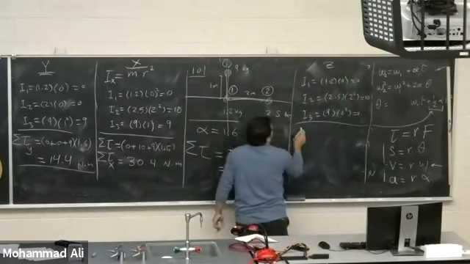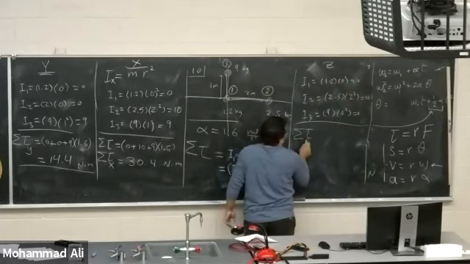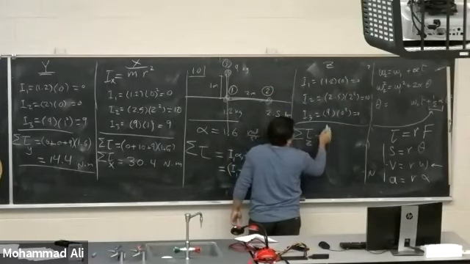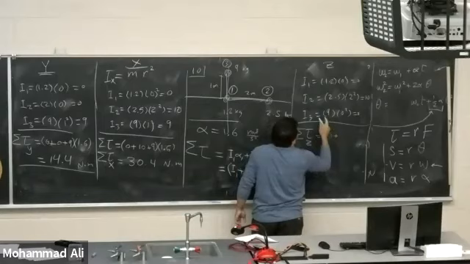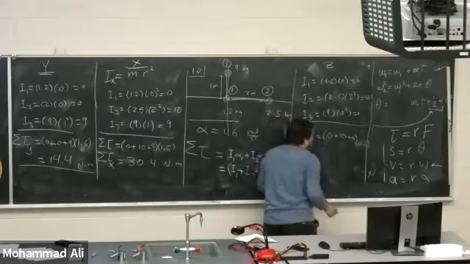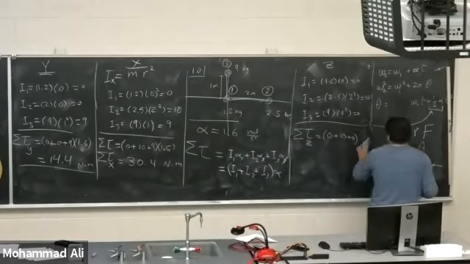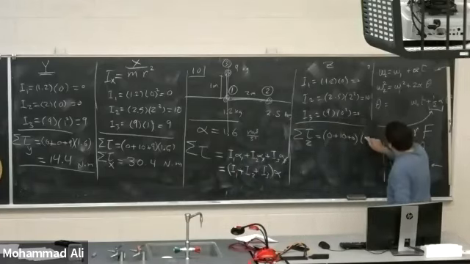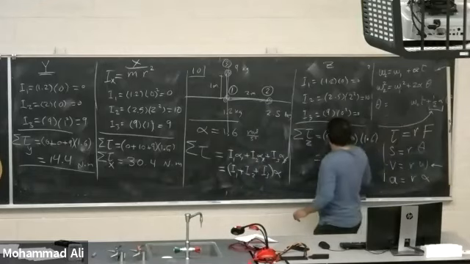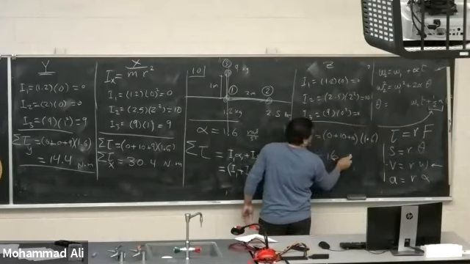By the total torque about Z, it is I1 0 plus I2 10 plus 0 multiplied by the acceleration. So it will be 16 Newton meter.